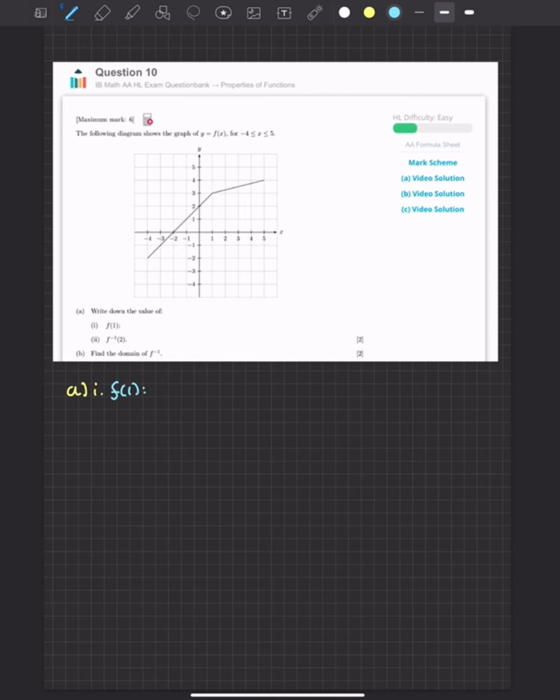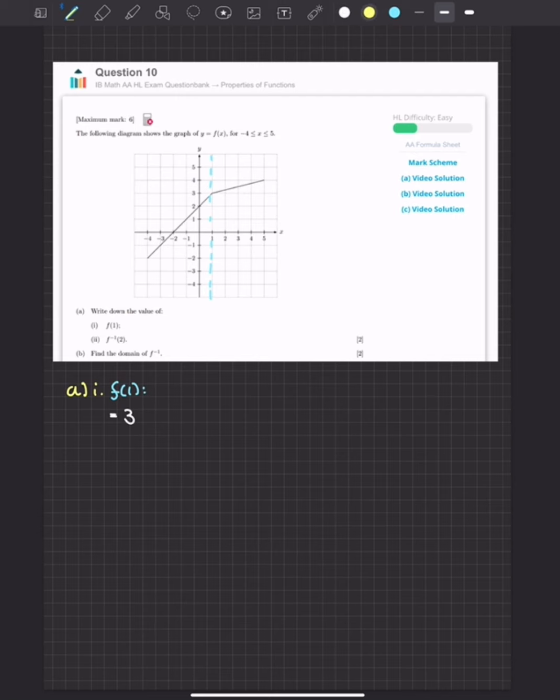And f of 1 is basically when x equals 1. What is the y value? So x equals 1 over here, right? So what you do is draw a nice little straight line through x equals 1. And you see where the graph intercepts this line. And it's here at y equals 3. So f of 1 equals 3.